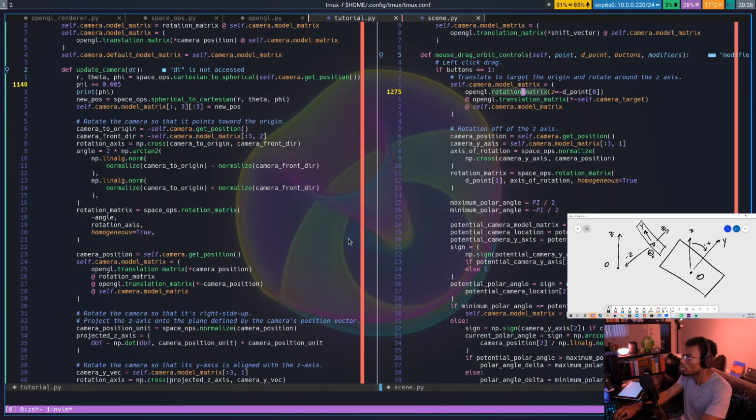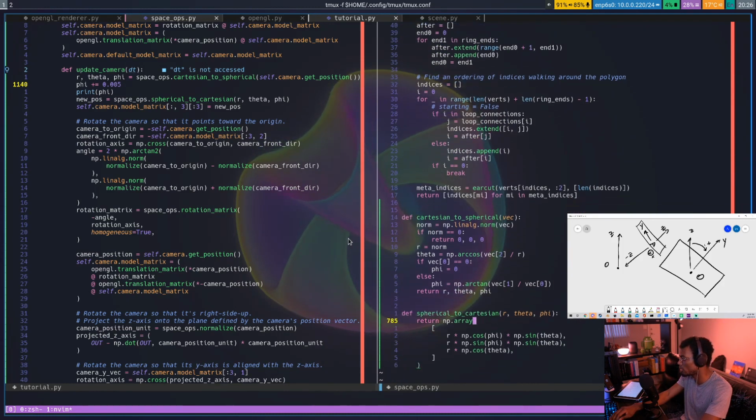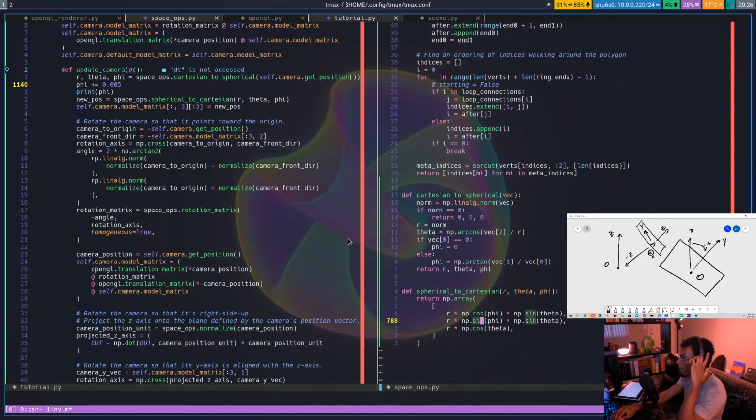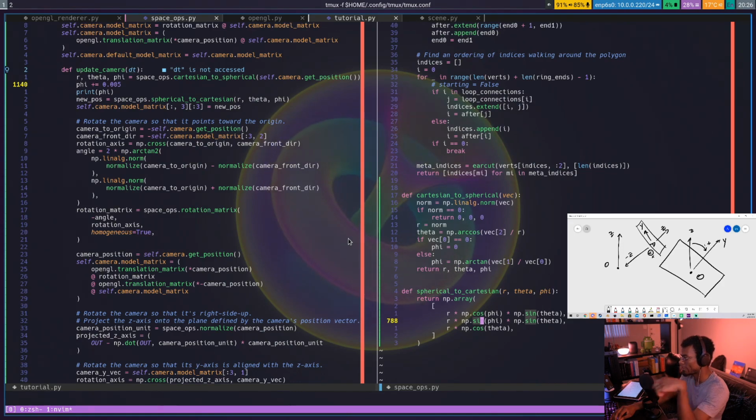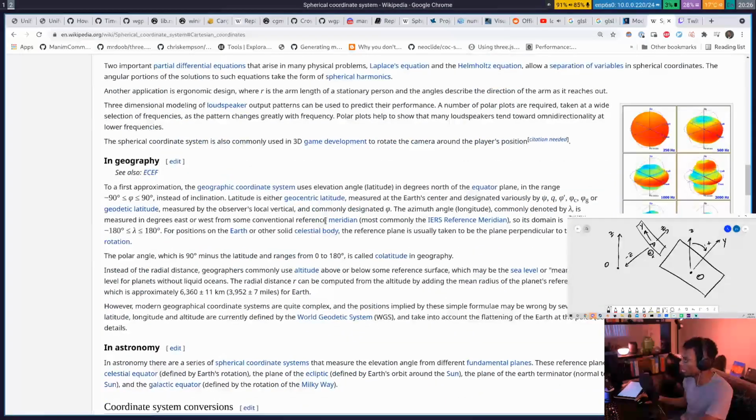Man, that's annoying. I wonder if it's something with a conversion. Yeah, I don't know. Could I possibly have had a bug in this?